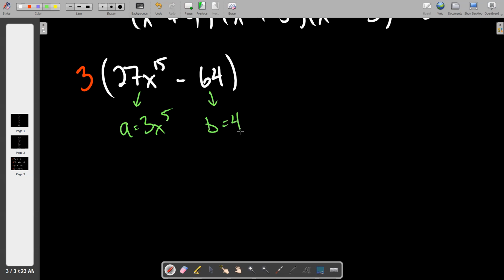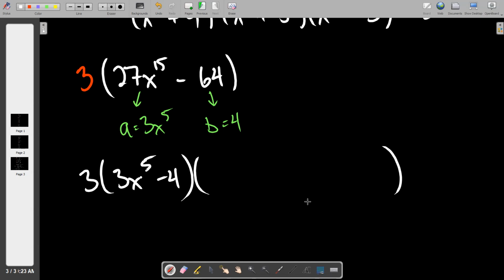How can you tell right now that we're going to be done after this step? Because of the 3 and because of the 5. And I mean, there's myriad reasons why we're done. So let's bring it all back together. So we're going to have GCF times short set times long set. And here it is again. Watch out.